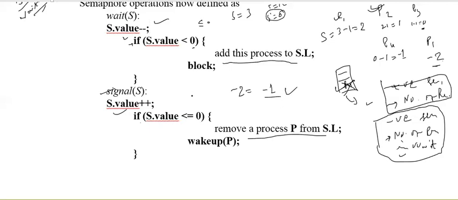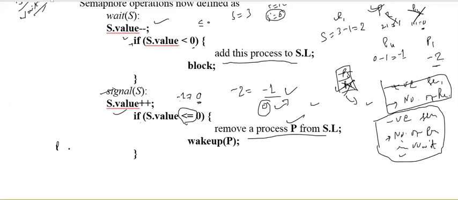Next time, suppose P3 has released its resource, so the value goes from minus 1 to 0. I hope now you got why I have less than or equal to 0, because minus 1 to 0 says that yes, there was one process, P5, which was waiting, so pick that process. Now since I have value 0, it means that no process is waiting in the queue.